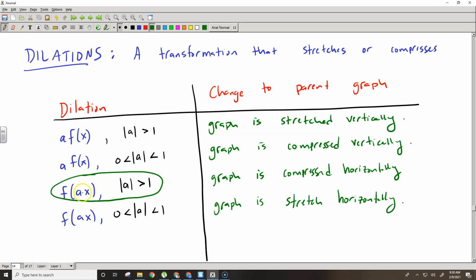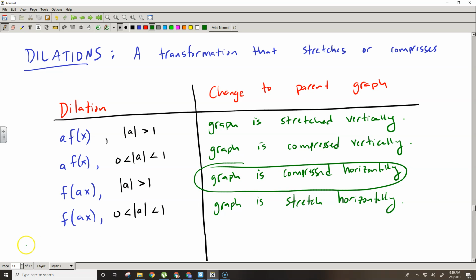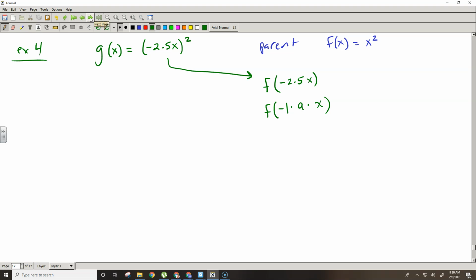Because we have an f of something times x, and our a value is greater than 1. It's 2.5. So we can think of this as a horizontal compression. And so we go back there. Number one, we're going to say g of x is a horizontal compression, right?